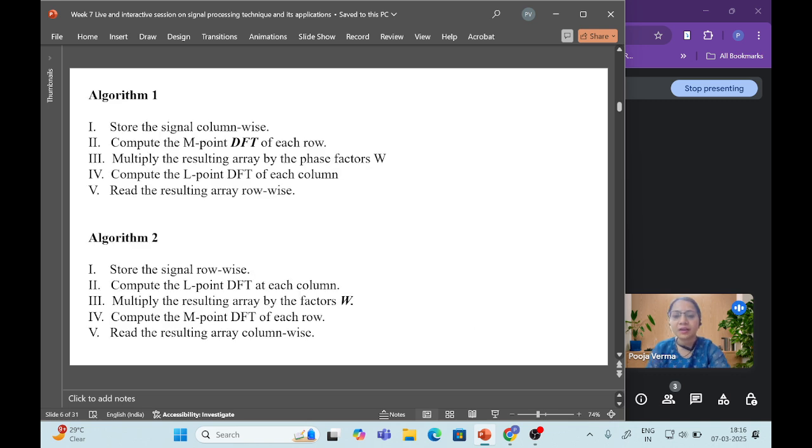Now there are two algorithms, for either row wise or column wise. You have already seen this in the presentation slides or materials. First, in the algorithm, we store the signal column wise. If there is any signal in two dimensions, first we store the signal column wise, then compute the M point DFT of each row, then multiply the resulting array by a phase factor W_N^(lq).